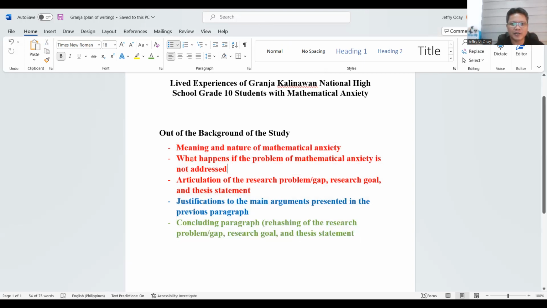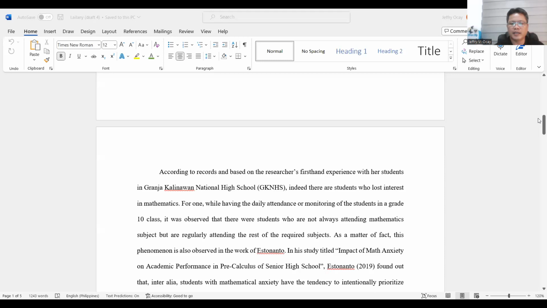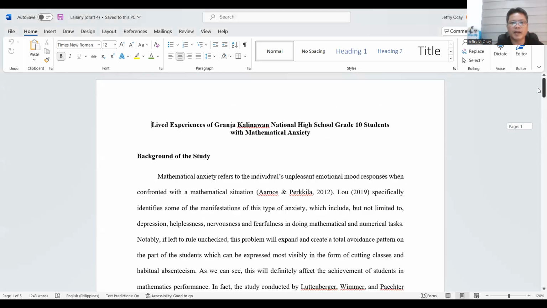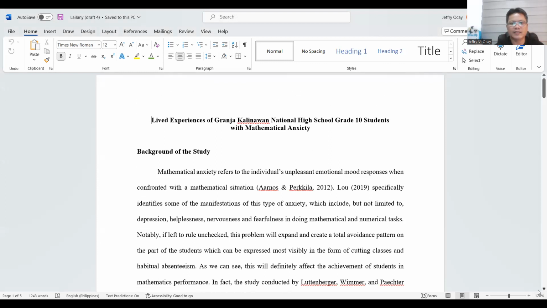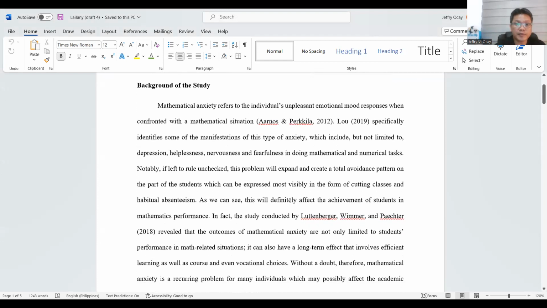So remember this outline. With this outline, we may now proceed to the presentation of the fourth draft of this background of the study written using the inductive style of writing. Before I read and discuss, I would just like to run you through this very briefly.